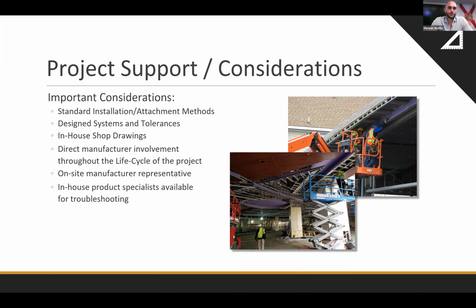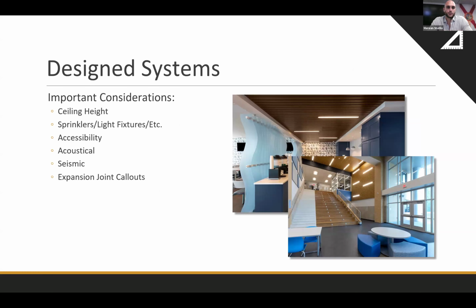I mentioned the in-house shop drawings and that direct manufacturer involvement. And so we are here to make the system as simple as possible and as easy of a yes to use on your projects as possible. And of course, if there are any questions, we have all of our in-house specialists that are available to help along the way for any troubleshooting.